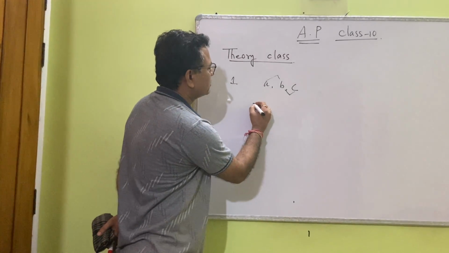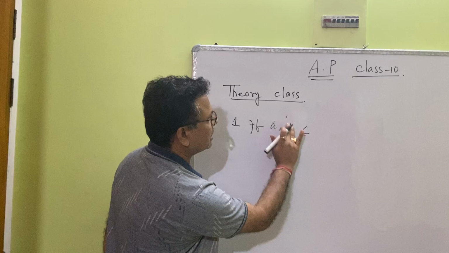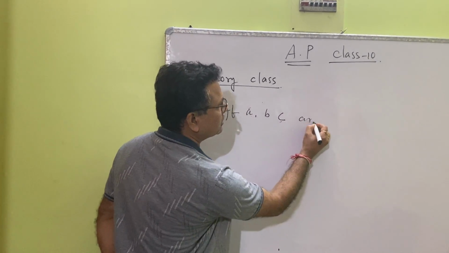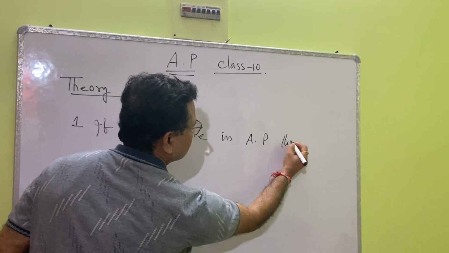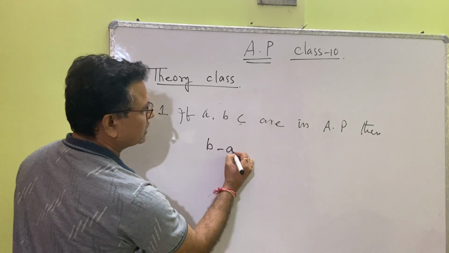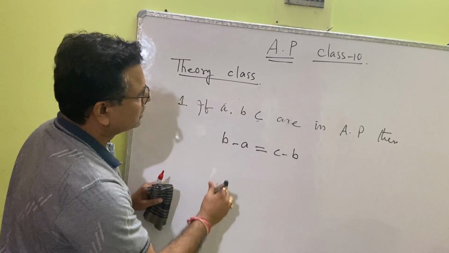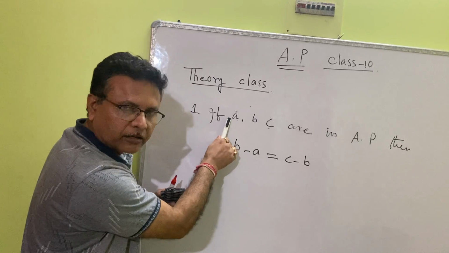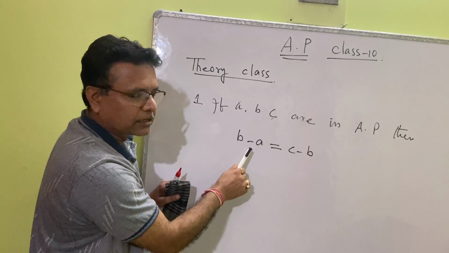So if A, B, C are in AP, then B minus A should be equal to C minus B. That means second term minus first term should be equal to third term minus second term.